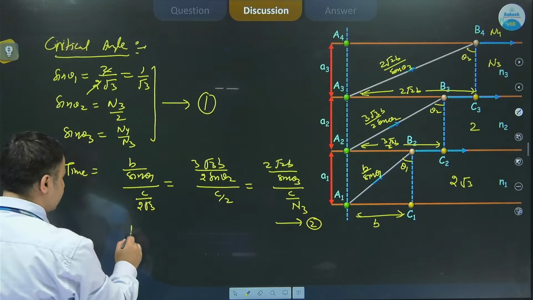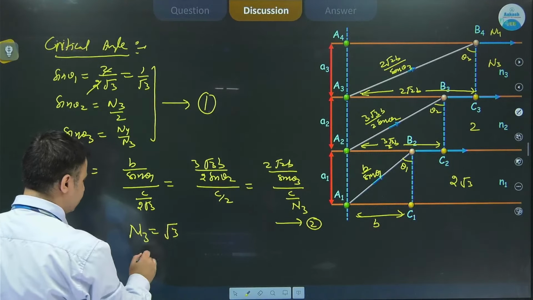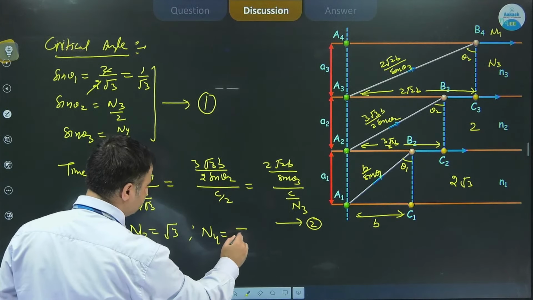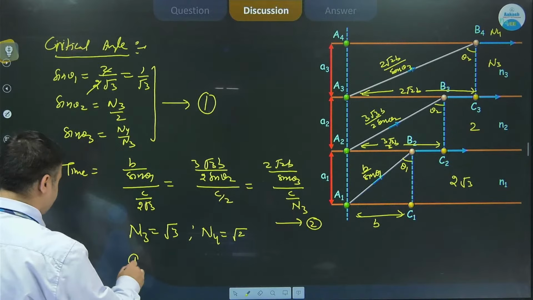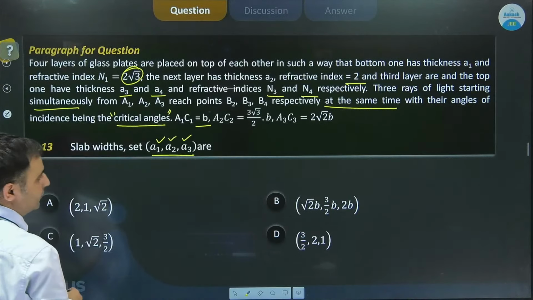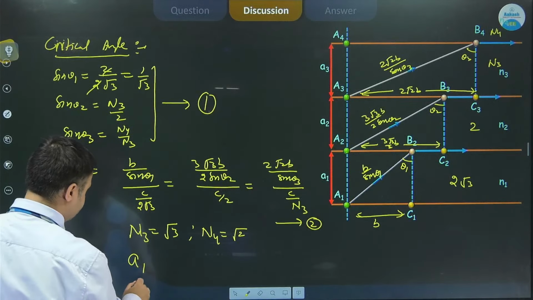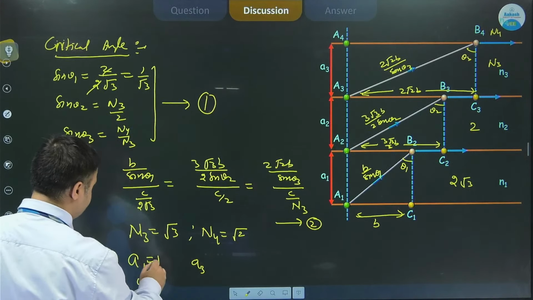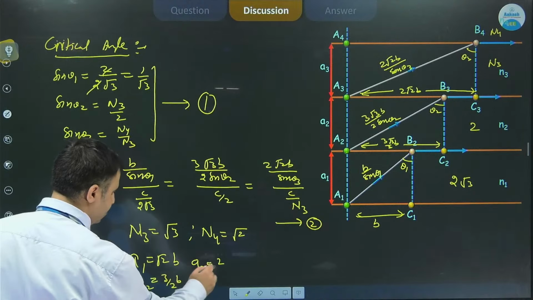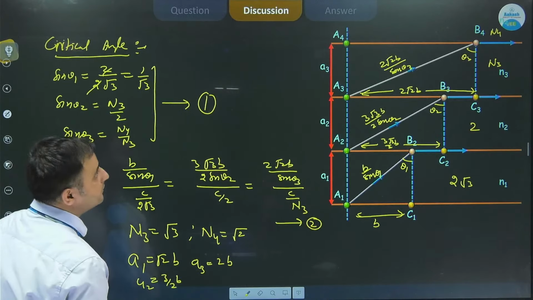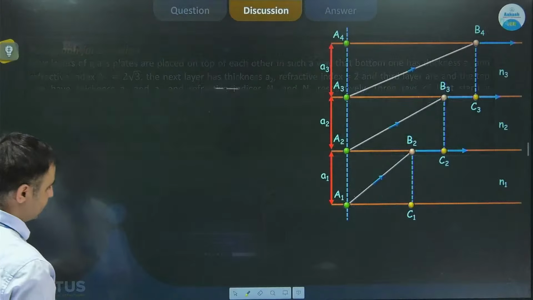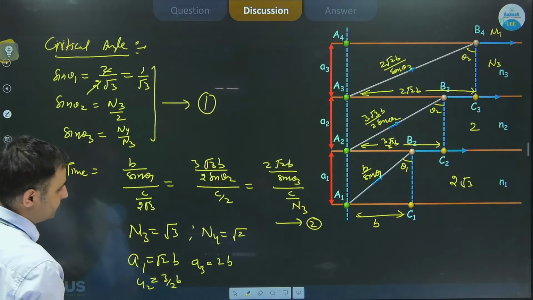On solving these equations, n3 comes out to be root 3, n4 comes out to be root 2, and A1, A2 and A3 are root 2, 3 by 2 and 2 as multiples of B. So let's see the options. It is root 2B, 3 by 2B and 2B.